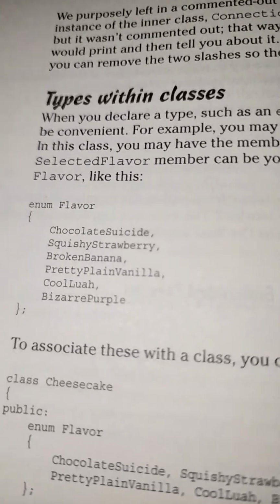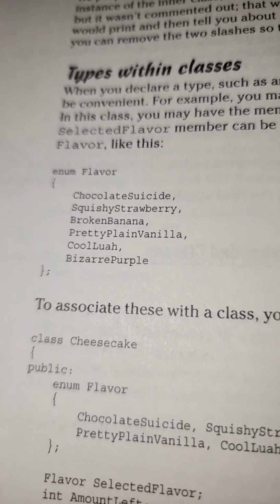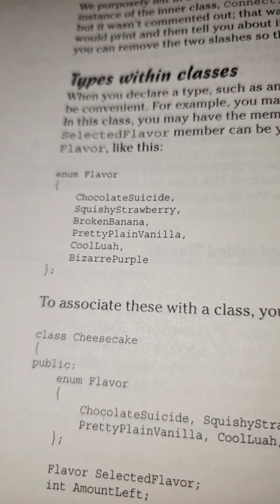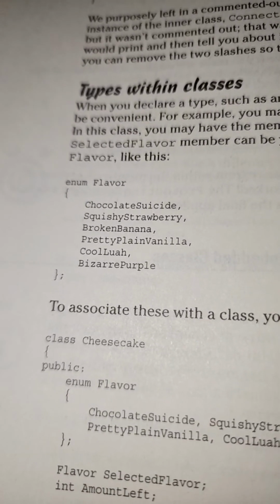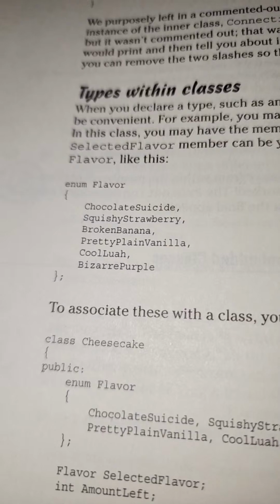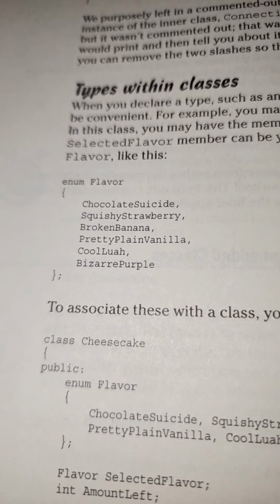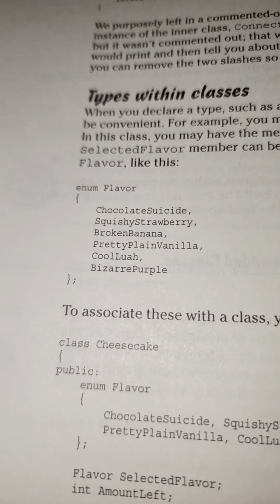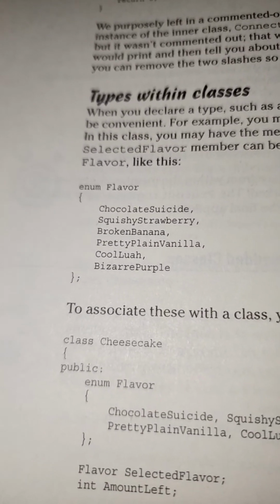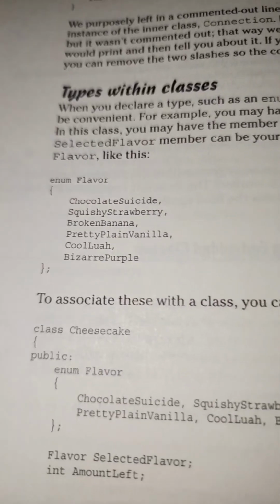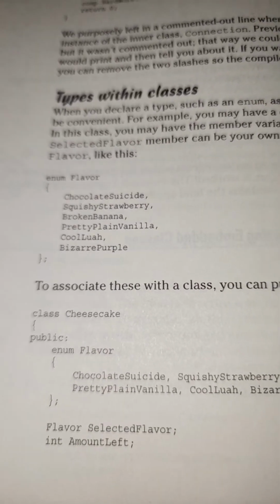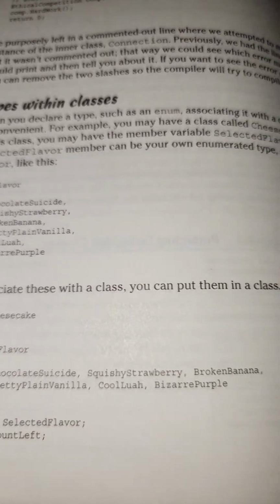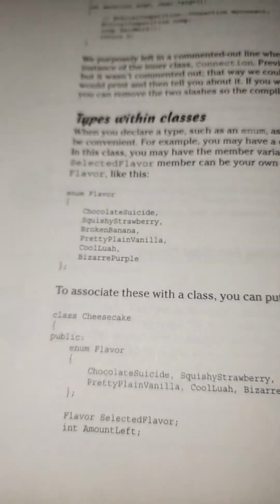Oh, that's right. Enum Flavor. Oh, my apologies. Chocolate, SwordSquishy, Strawberry, BrokenBanana, PrettyPlainVanilla, CoolLua, BizarrePurple. To associate these with a class, you can put them in a class like this.